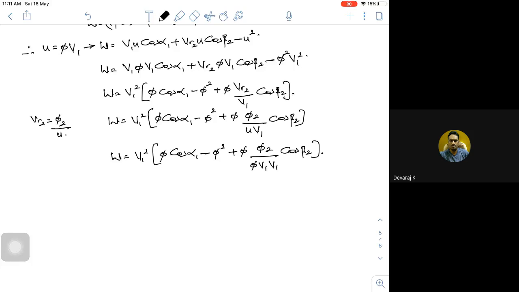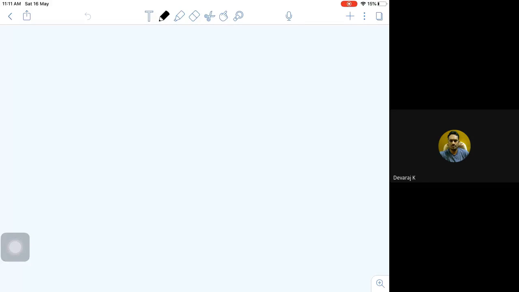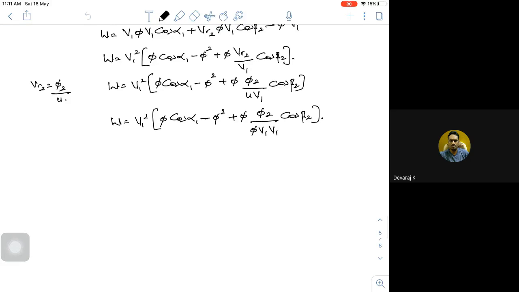If I take my V1 square outside, this will be an equation, and phi will just cancel out. I'm left with V1 square outside: phi into cos alpha 1 minus phi square plus phi 2 by V1 square into cos beta 2.